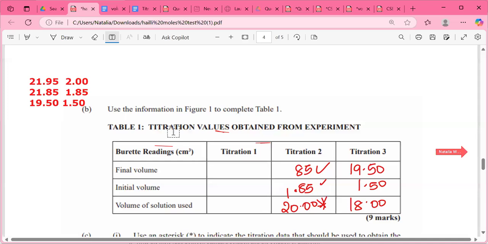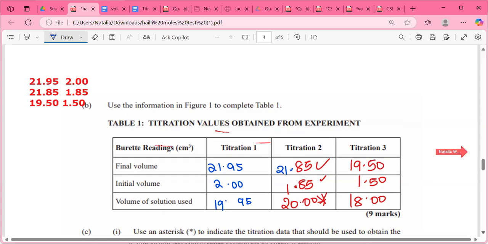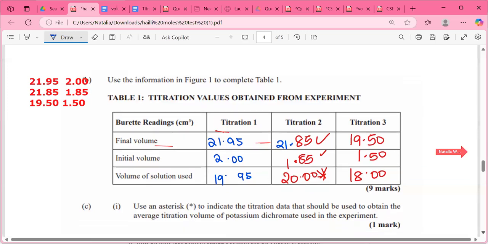So let me put in my values. 1.85. All right. Then it says use an asterisk to indicate the titration data that should be used to obtain the average volume.